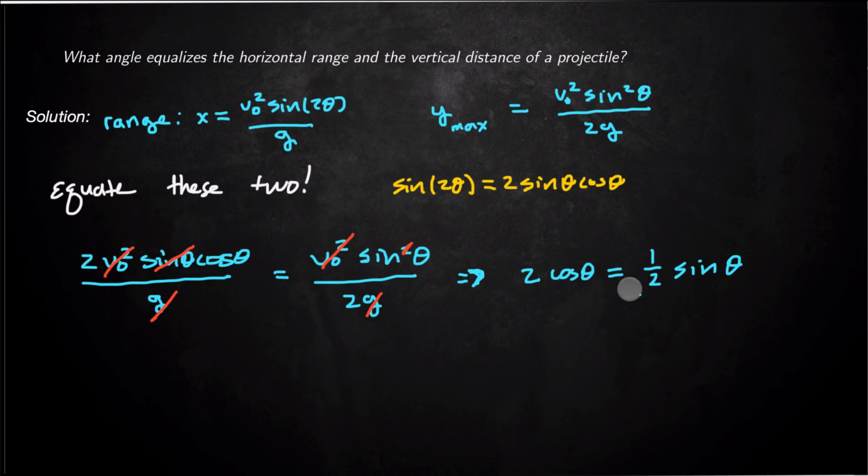At this point, we can multiply both sides by 2 to get rid of the 1/2 and divide both sides by cosine. So we get 4 equals sine over cosine, which is tangent. So 4 equals tan theta.